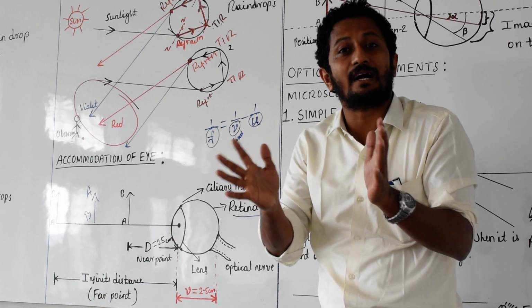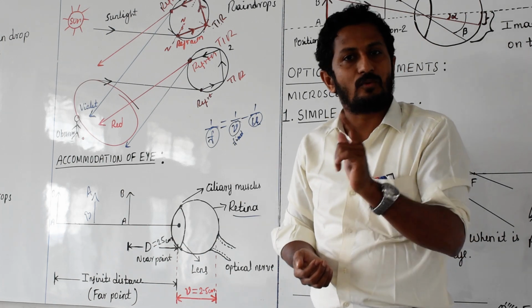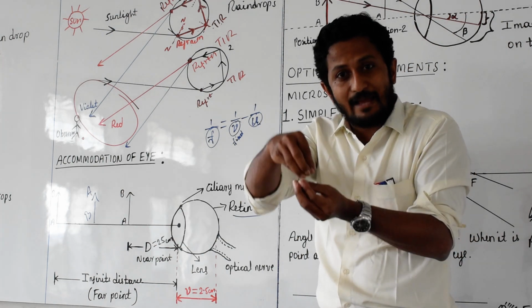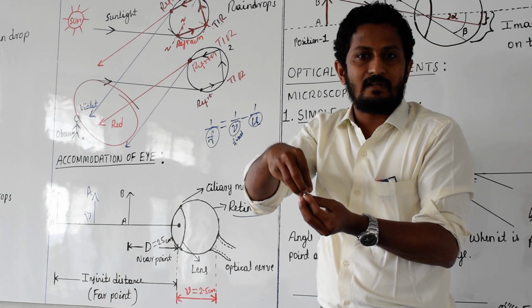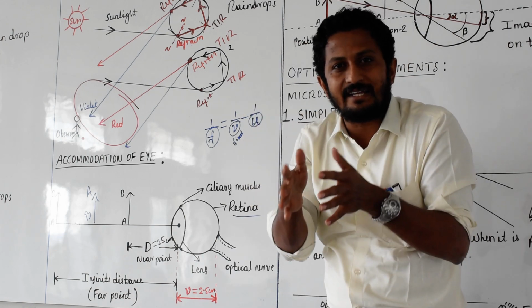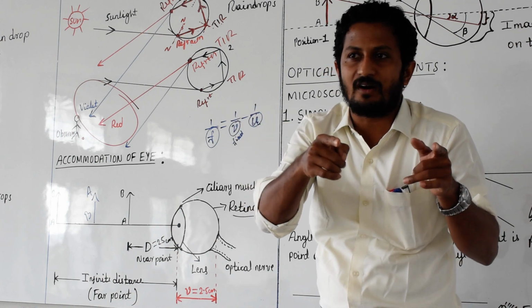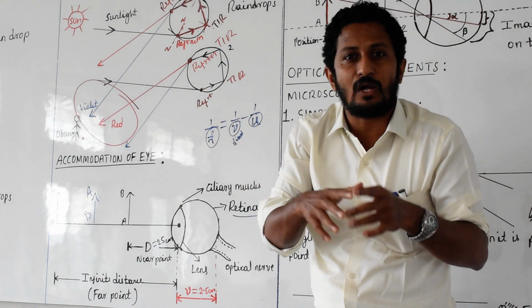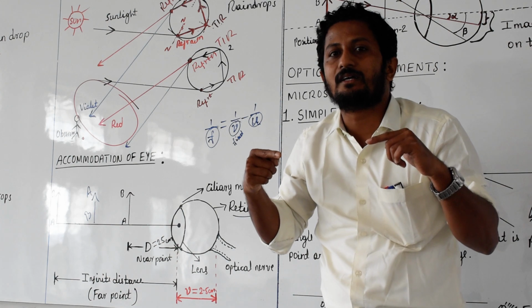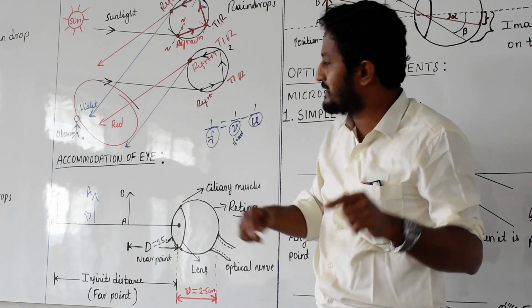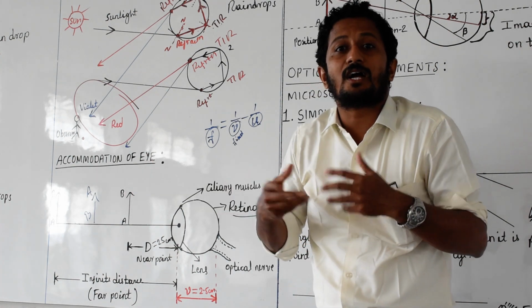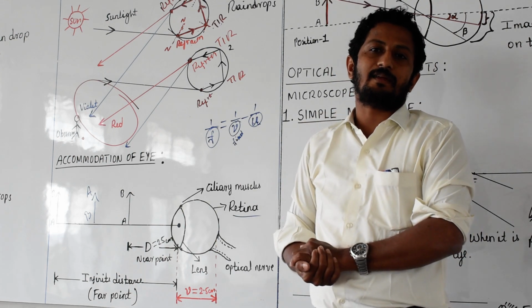This is happening automatically. Getting what I mean to say? Yes, this ability of the eye lens to get sharp images of distant objects always on the retina is called the power of accommodation of the eye.